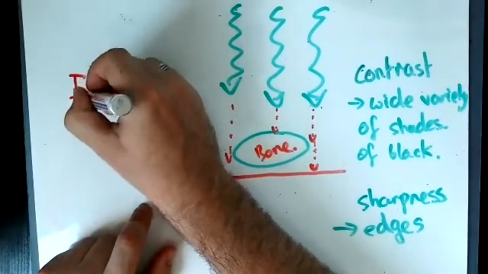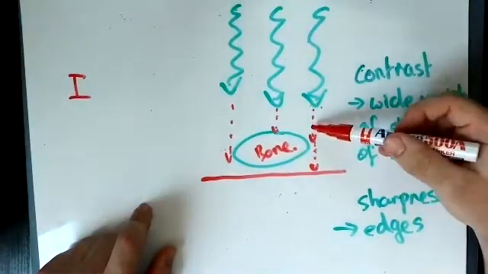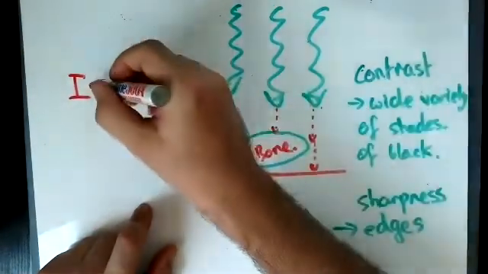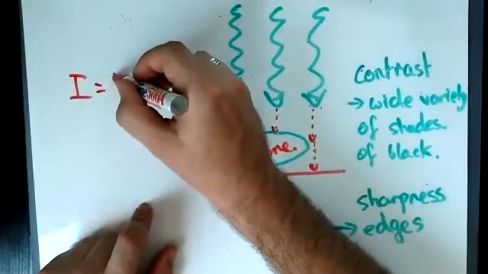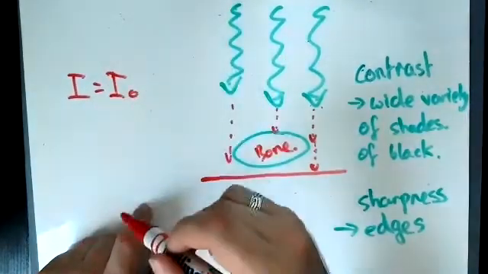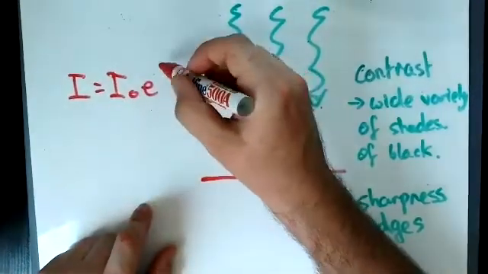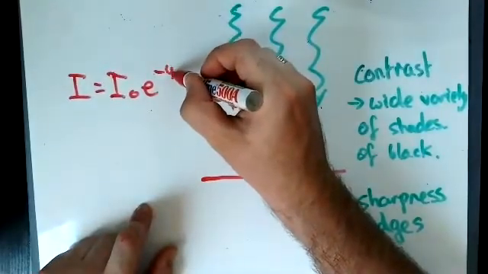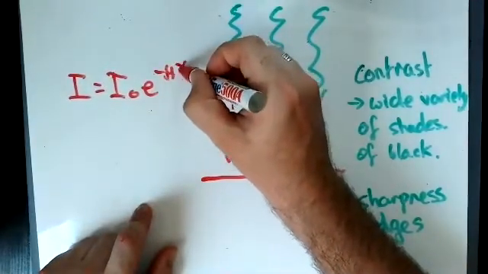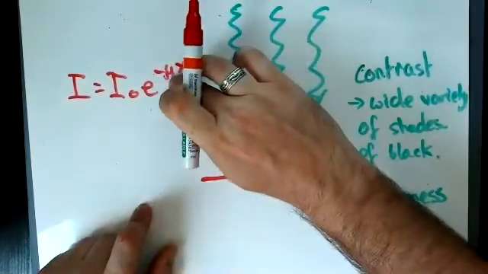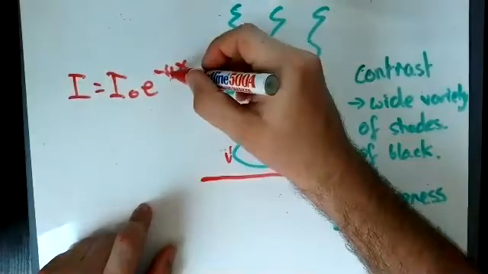So the intensity that we get out when we pass through a material is equal to the initial intensity, e to the power of negative mu x. Apologies, I've not drawn that great. Okay, so that's a mu.